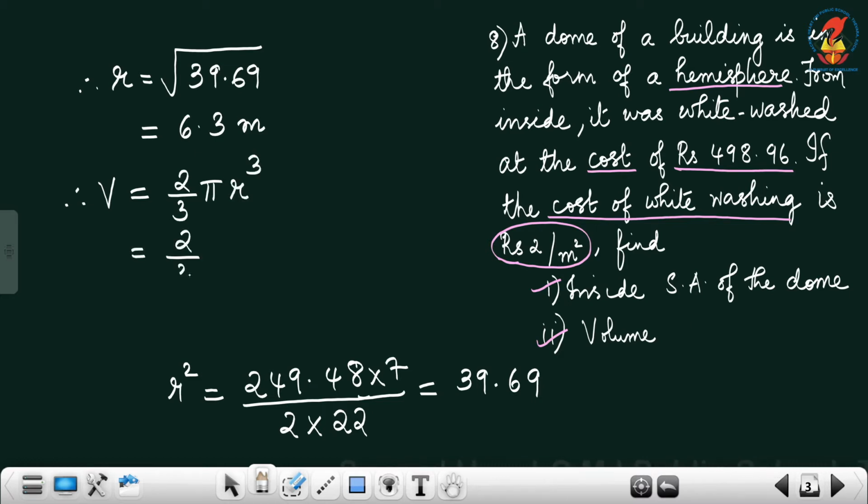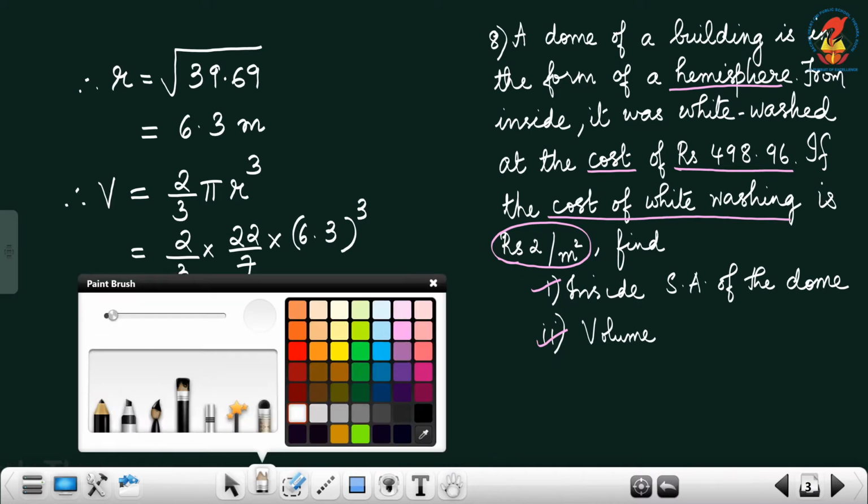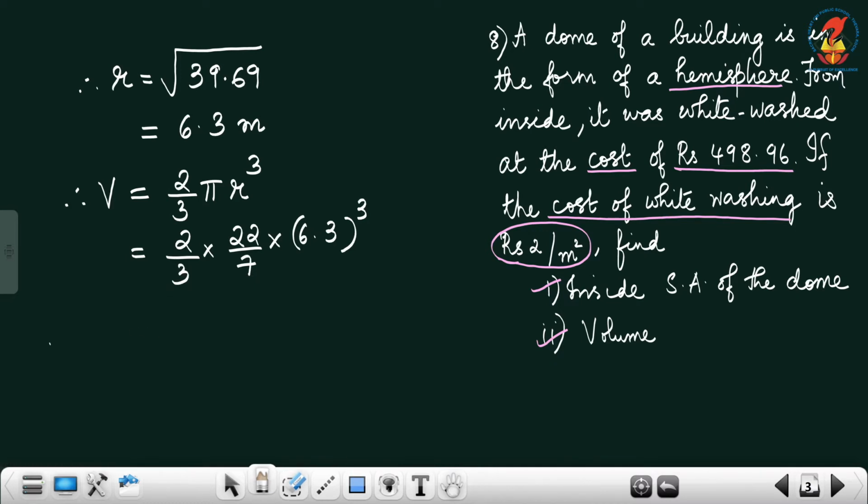Always write the formula. 2 by 3 into 22 by 7 into 6.3 whole cube. And you will get the answer as 523.9. Since it's a volume, unit will be meter cube.